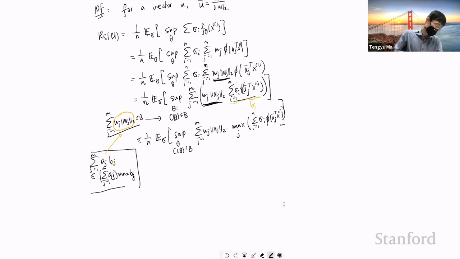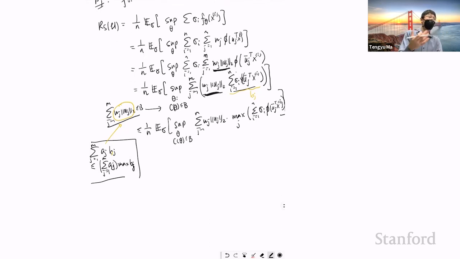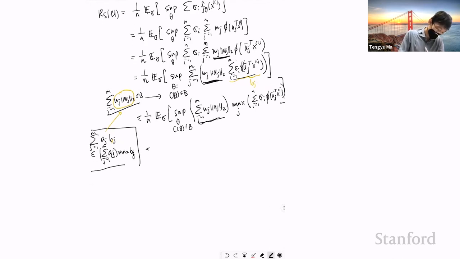The inner product of A and B is less than the 1-norm of A times the infinity norm of B. And this quantity is now a separate quantity, which is less than B. So then this is less than 1 over n times B times sup over theta, max over j of the sum of sigma i phi of Uj bar transpose xi.